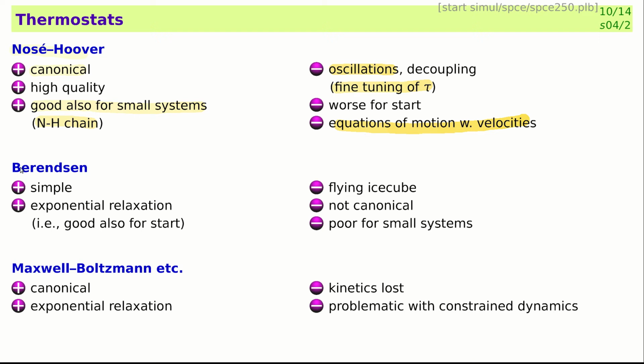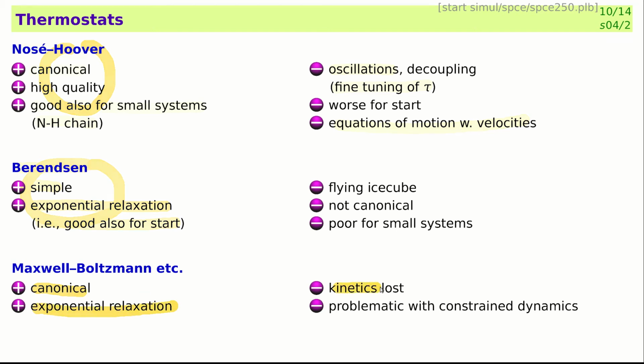The Berendsen thermostat is simple. It is very good at start. If our system is far off equilibrium, it exponentially fast relaxes towards the equilibrium. So it's a good idea to start, for example, with Berendsen and continue with Hoover. And the stochastic thermostats are canonical, they have exponential relaxation, but there is a problem.